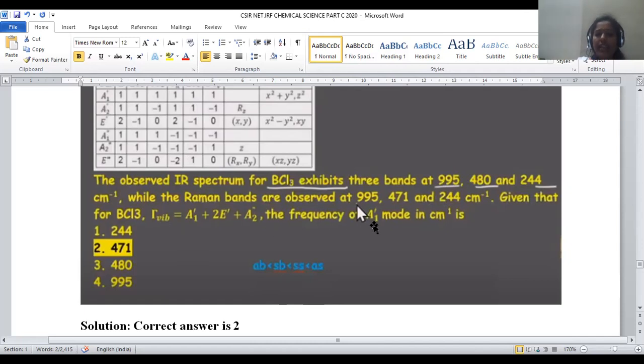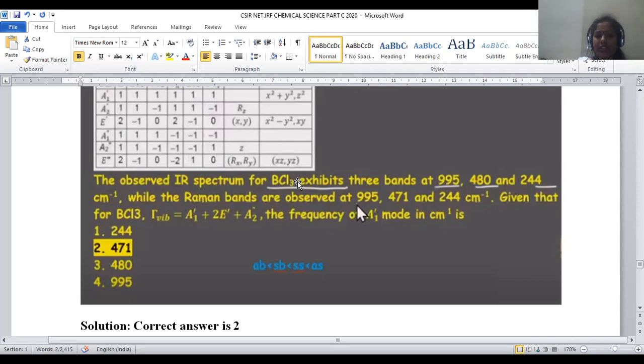They are asking for the A1 dash value to be predicted. In order to get that, here two values are there, either 480 or 471. So these two are the possibilities. 480 is in the IR region, 471 is in the Raman region. But what molecule is given? BCl3 molecule is given.